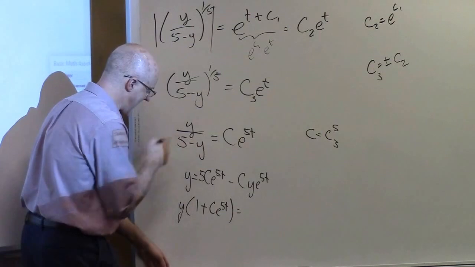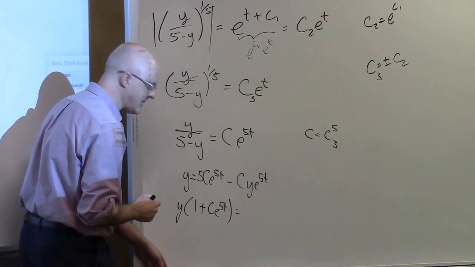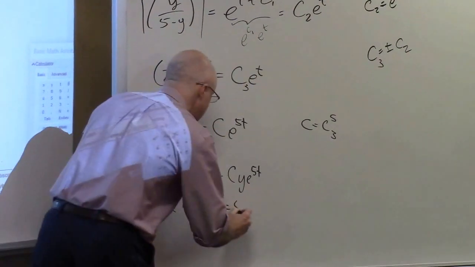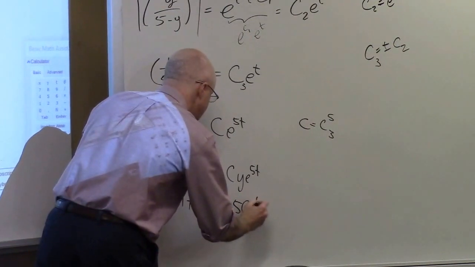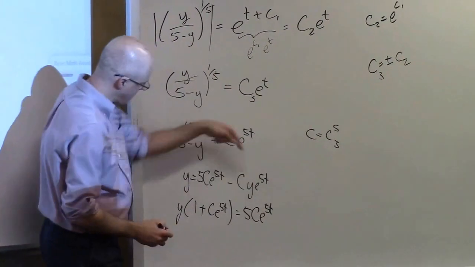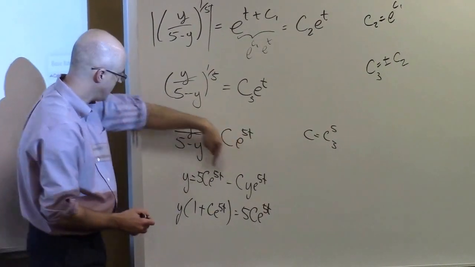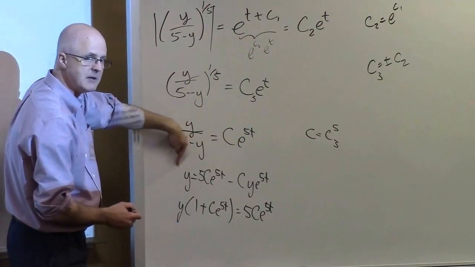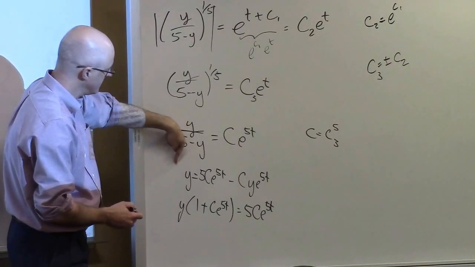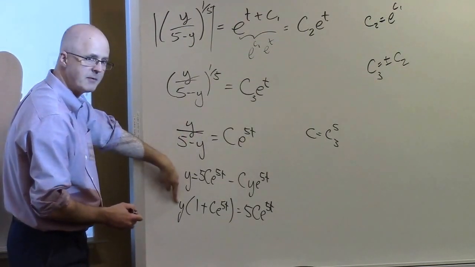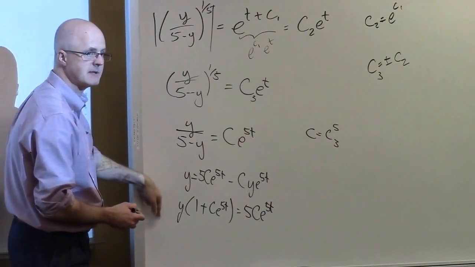What I did here was I added cy e to the 5t to both sides, and then I factored on the left side. You see what I did there? I added this to both sides, so it canceled on the right, and I got a plus cy e to the 5t on the left. Then I factored out the common factor of y, so I did 2 algebra steps there in one.